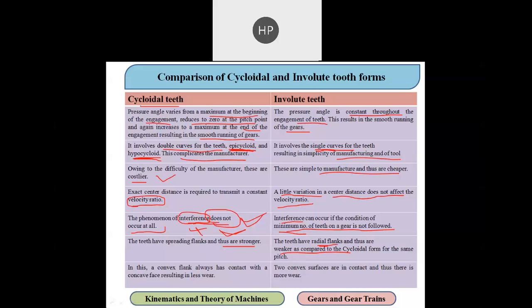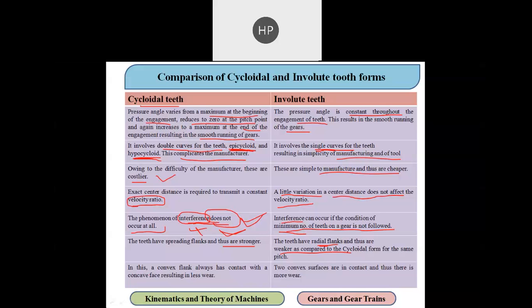If you want to generate the same size or the same transmission capacity, the cycloidal tooth is stronger because it has a wide flank, while the involute tooth has a radial flank, so it is weaker.